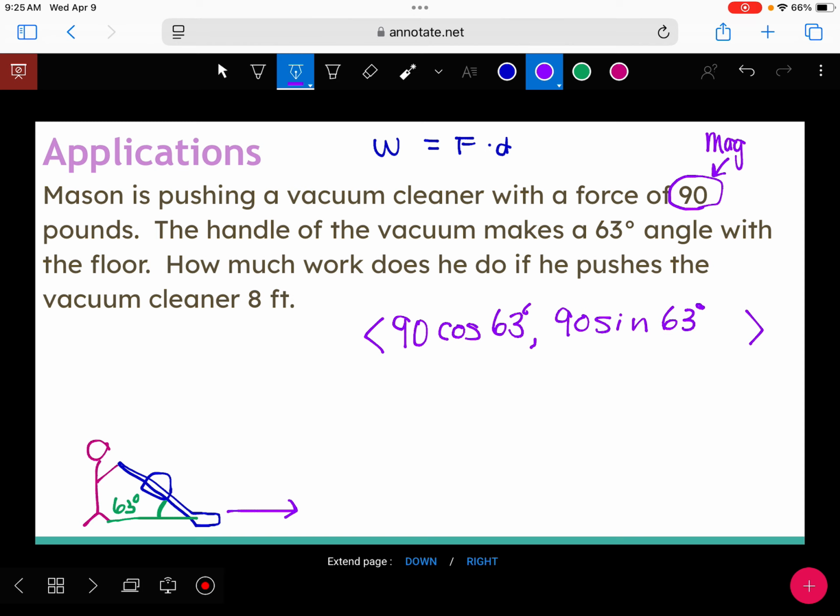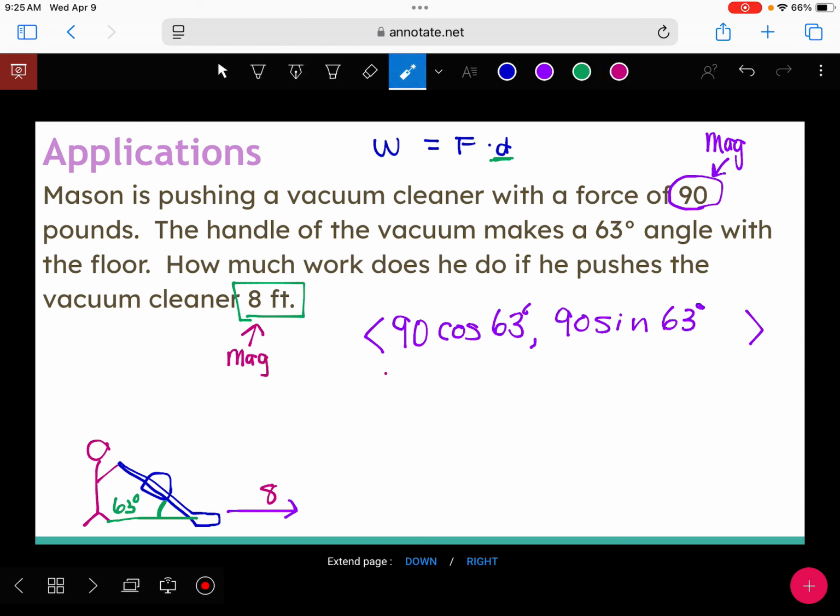But we need another thing to make a dot product with. We need the displacement. He's moving it 8 feet. So that means it's gone 8 feet that way. This displacement is again a magnitude.